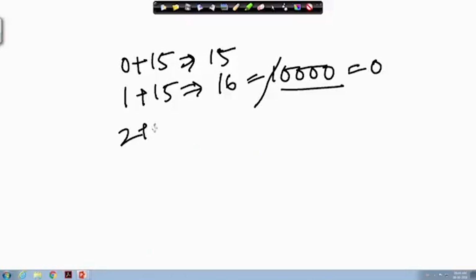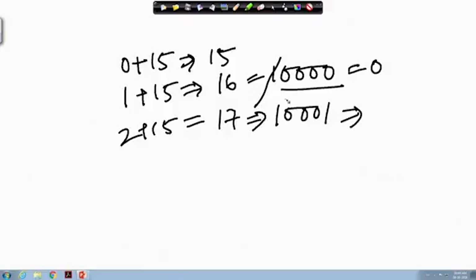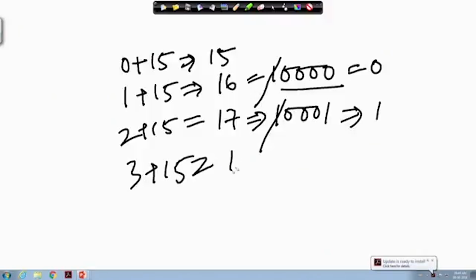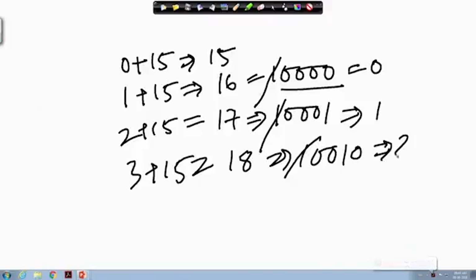Then 2 plus 15 equals 17, which is 1 0 0 0 1; this bit is discarded, so it will be 1. In this fashion, 3 plus 15 is 18, which is 1 0 0 1 0, so this will be 2.